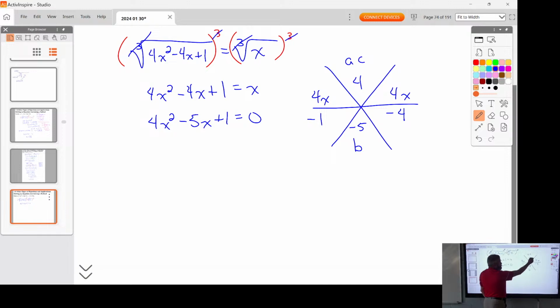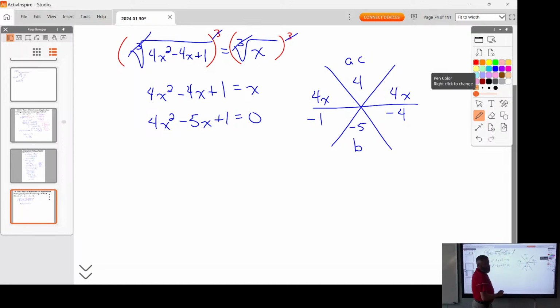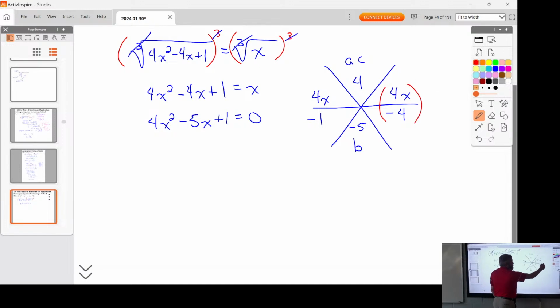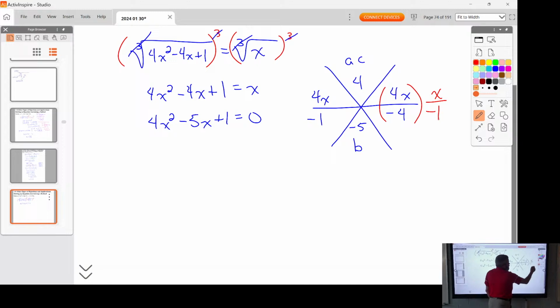-1 times -4 is +4. -1 plus -4 is -5. Does either one reduce? The second one reduces to x over -1.